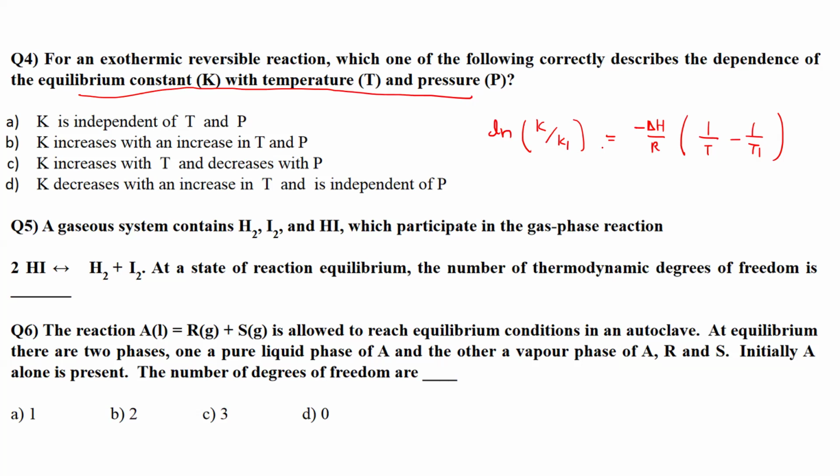So for an exothermic reversible reaction, delta H is negative. So if I increase the temperature, K is going to decrease. Right, this whole magnitude will decrease, and that's why K will decrease.